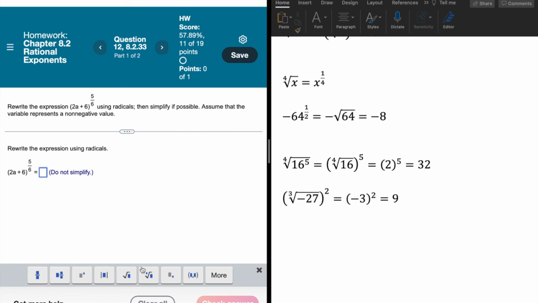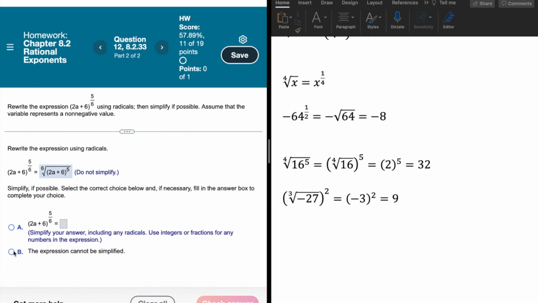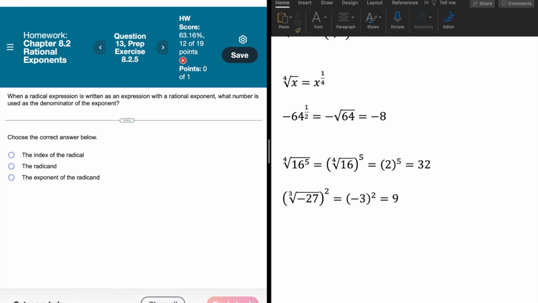Rewrite this expression using radicals. All right, 6 to a plus 6 all to the 5th power. And there's definitely no simplifying that. Just trust me. And what number is used as the denominator of the exponent?